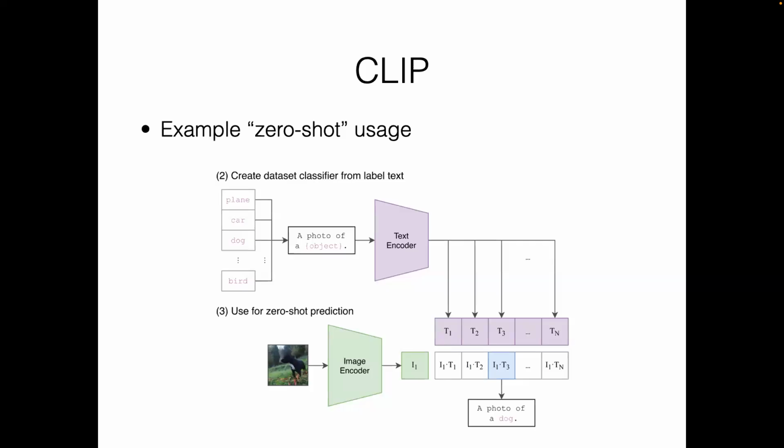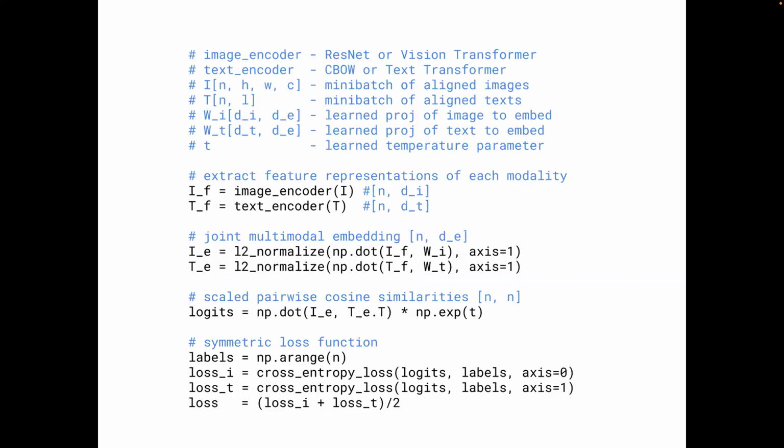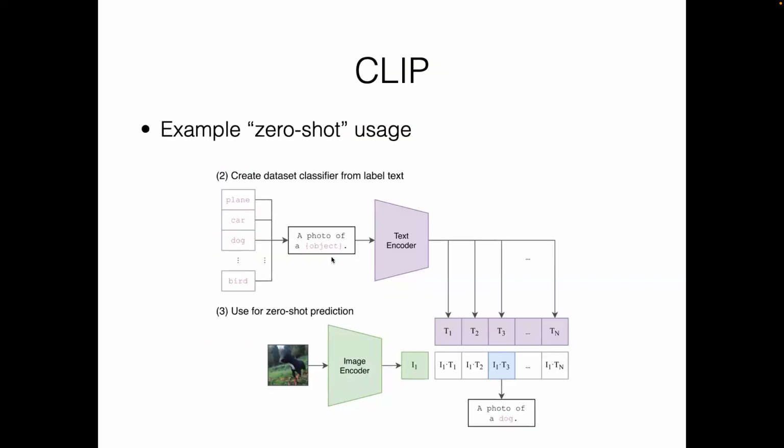So then what you do is you run this on your whole data set, and now you have a good text encoder and good image encoder. But how would you actually use this? One thing that they showed is that the model could be used for zero-shot classification. And this was maybe something new at the time. What they're doing here is a clever thing: let's say you have a classification data set and it says plane, car, dog, bird.